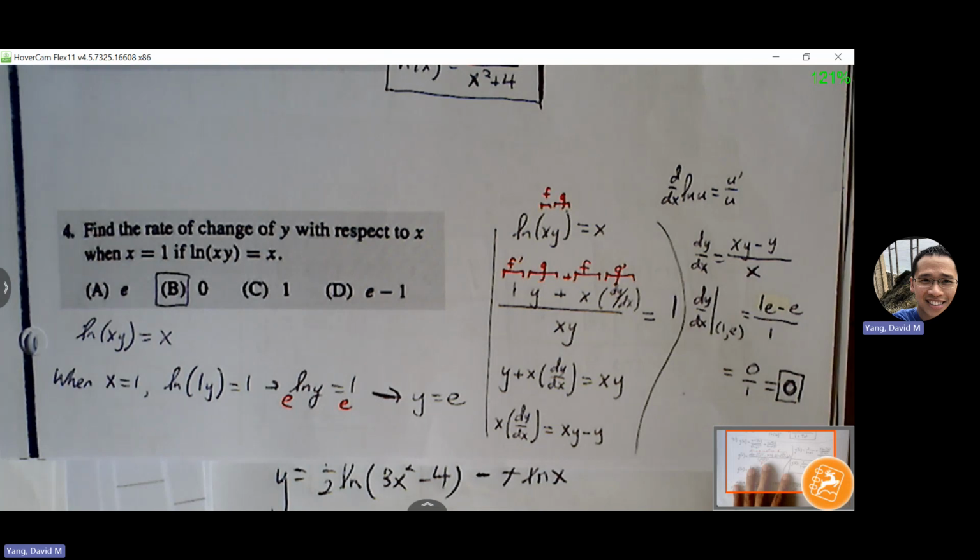So y has to be equal to e, because we know that natural log of e is equal to 1. So my ordered pair is 1 comma e. I plug 1 in for x, e in for y, and it all cleans up to just be 0 over 1, which is 0.